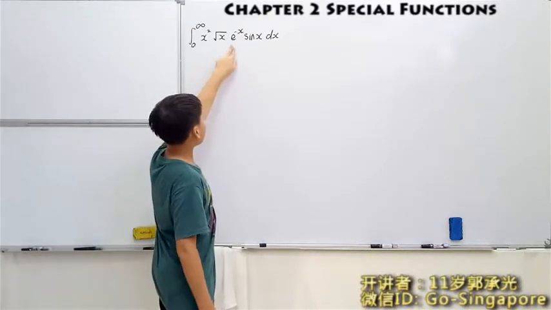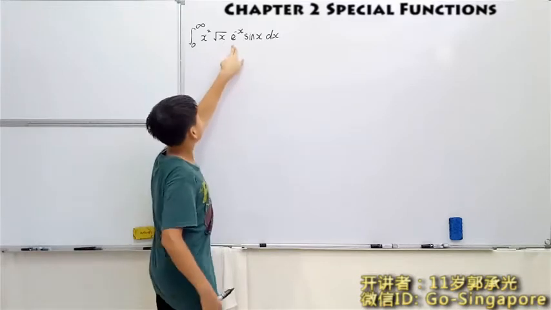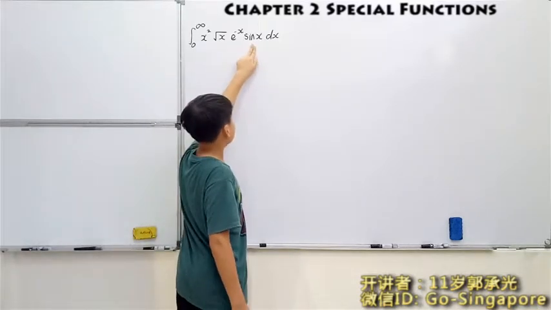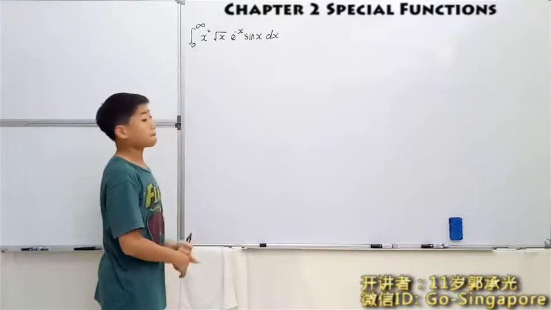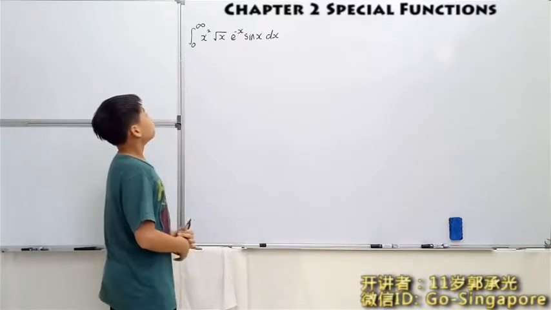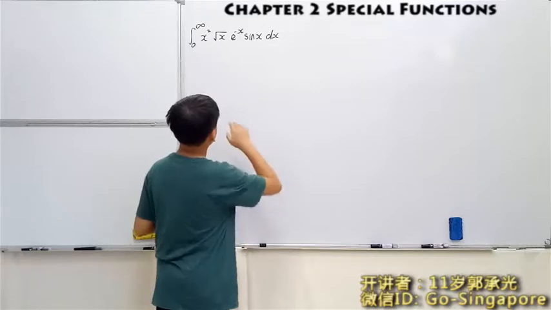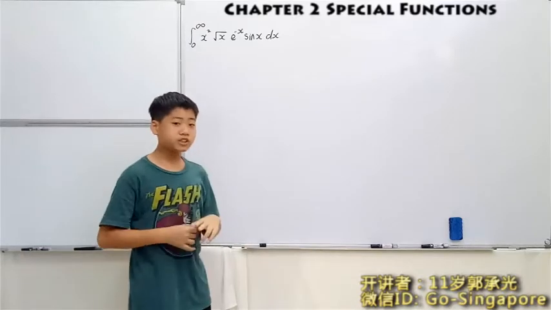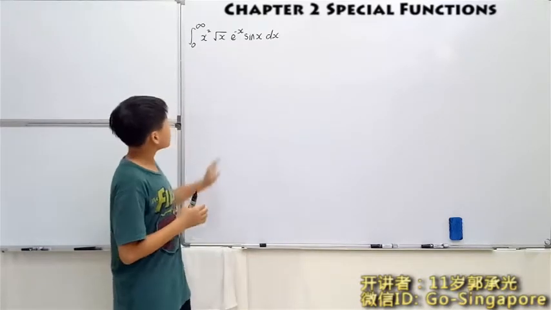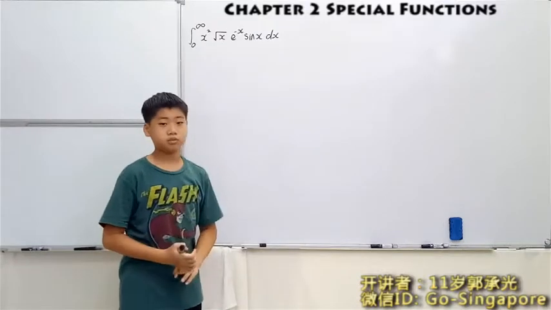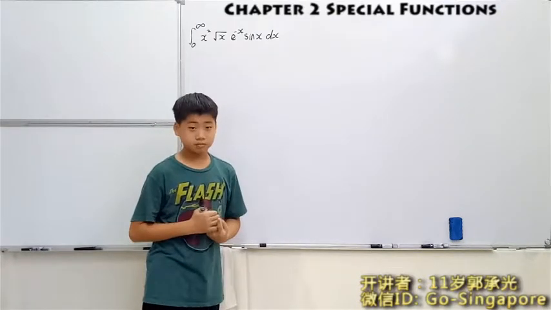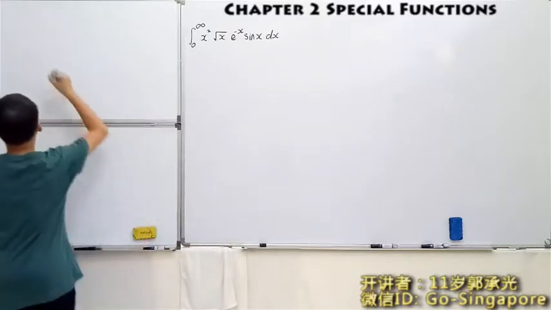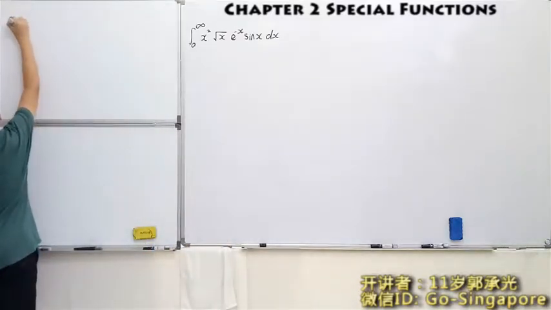Then you have an exponential, and then after that, a trigonometric function. But then for this, let's think of which of the functions has this exponential. Well, obviously only that gamma function. This gamma function.